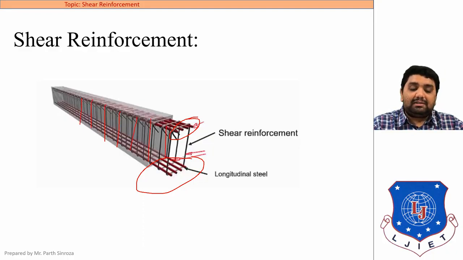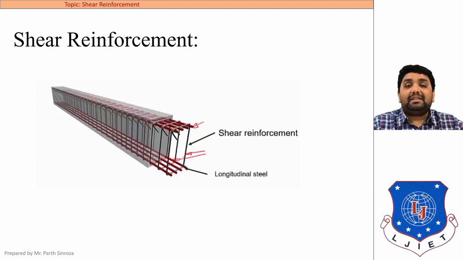These bars are known as stirrups, or we can say shear reinforcement. So we will be designing this. If you look in detail, you can see that the bar diameter differs. The diameter provided in the main steel, that is AST or ASC, is higher as compared to that provided in stirrups. We will be looking into this further when we start our sums.